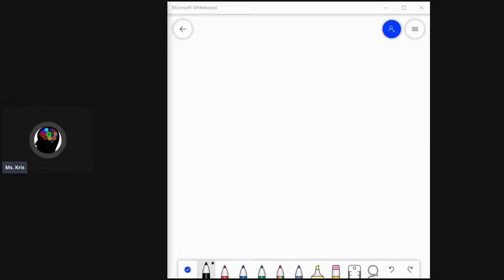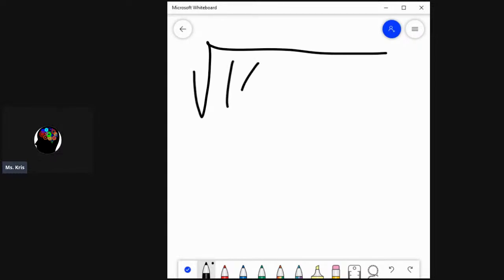Yesterday we were covering roots and how to solve radical expressions. I want to go back over the radical expressions that we did yesterday. The last one we had before Facebook got cut off was the square root of 16 p to the 8th and q to the 7th.